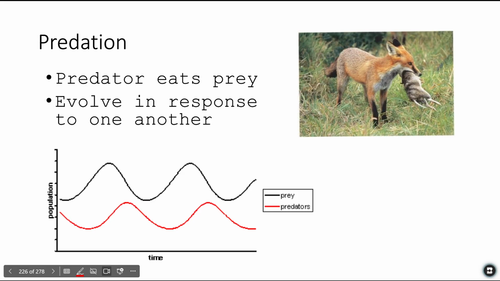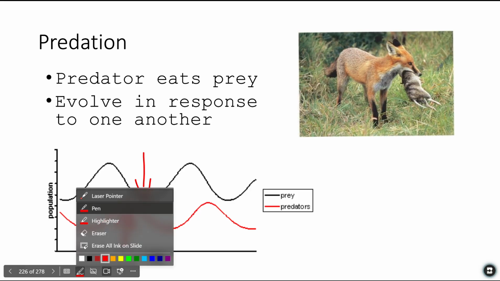Now, the thing about this relationship is that predators and prey are going to influence each other in both population and evolution. As predator numbers increase, we see prey numbers decrease. As prey numbers decrease, we're going to use different colors for this.